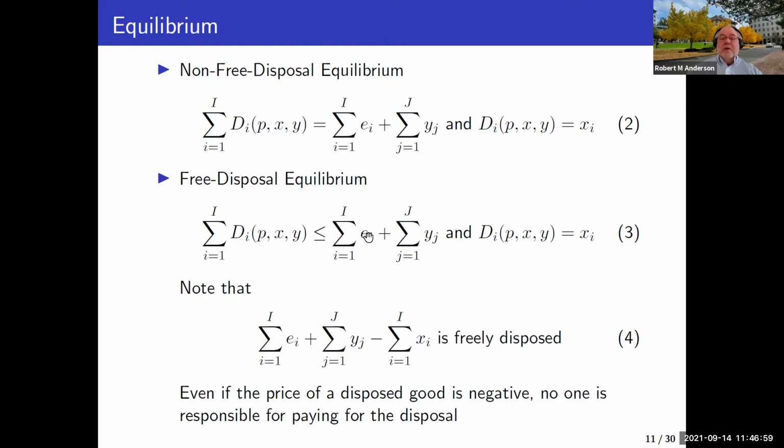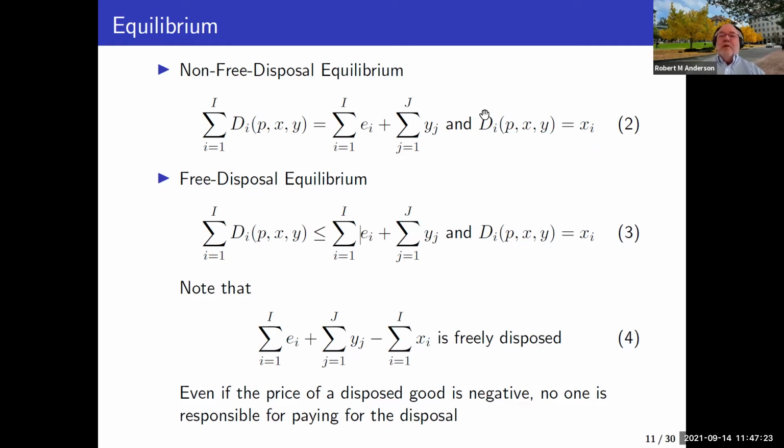What's left over is the difference between the right side and the left side. And even if the price of a disposed good is negative, no one's responsible for paying for the disposal in a free disposal equilibrium. It just drops out of the accounting. I can't charge anyone for it.